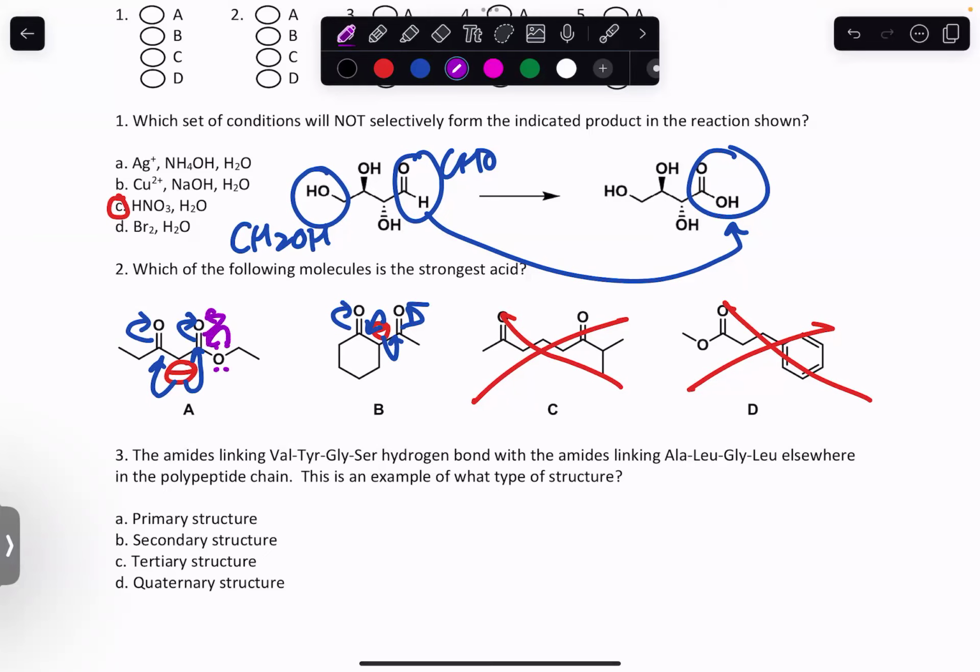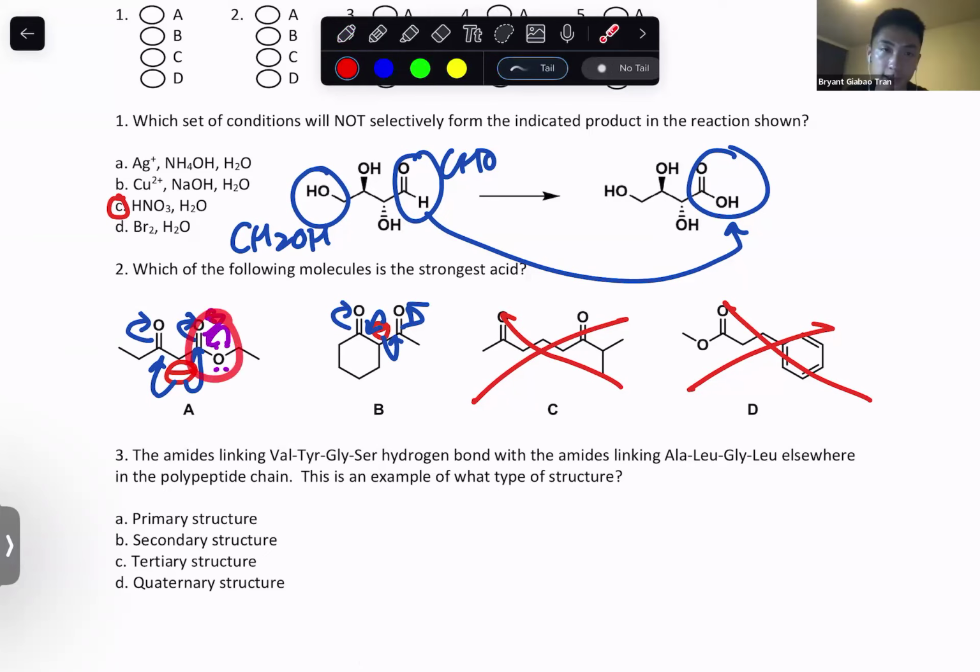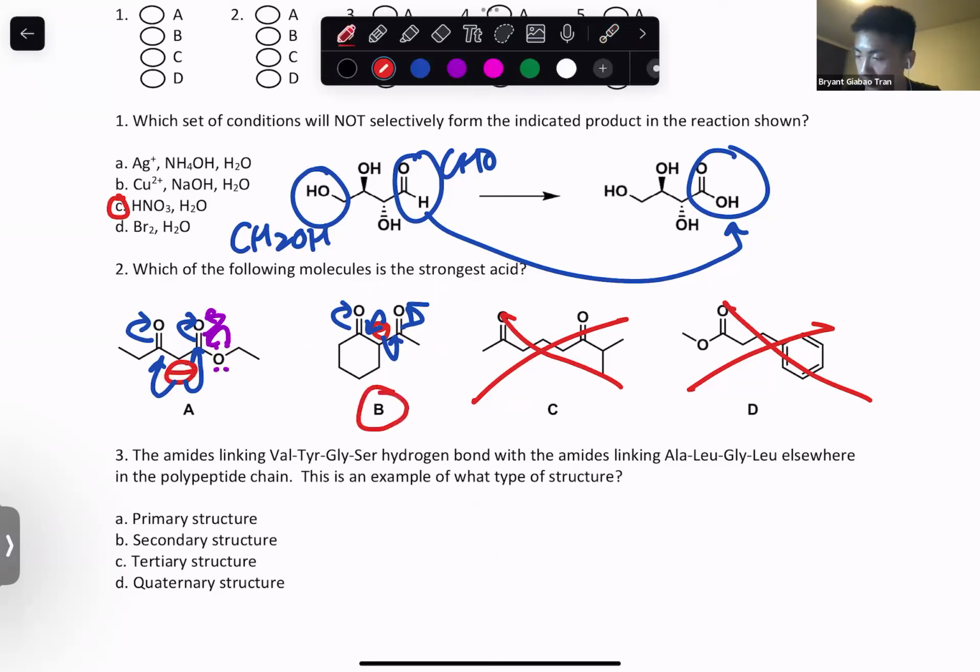This O here is taking up resonance space, taking up resonance power, making that negative charge less stable. So this B conjugate base here is more stable since it has all of the resonance space to itself, whereas A has competition here. That oxygen there is taking up resonance power or space, making this less stable. The more stable conjugate base comes from the more acidic acid.